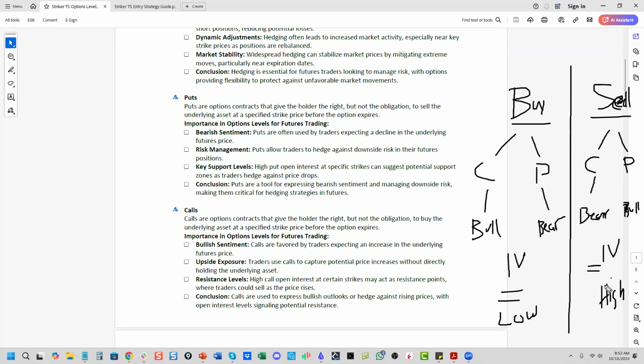Now I want you to understand something. If I have 0 days to expiration to cover all of my hedges, would you expect volatility to be low or high?